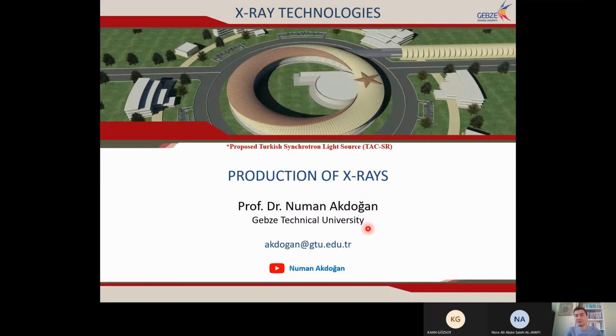And these instruments, these facilities are not only used for the scientific purposes, they are also used for industrial applications. If you visit the website of one of the synchrotron light sources in the world, you will see that many different applications from the industry and technology also applicable in synchrotron light sources.